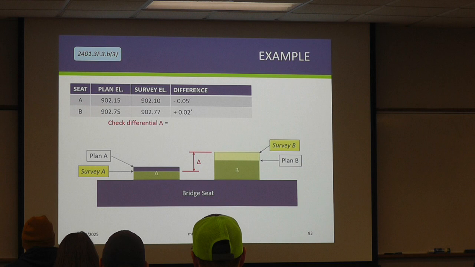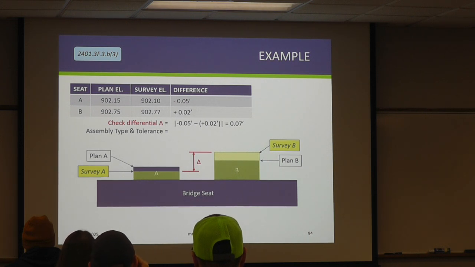Now we've got to go into that differential. So you've already done the math to see how far off of plan they are. And now we need to check the difference between these two differences. Okay, so you're going to take the negative 0.5 minus the 0.2. Come on. 0.7. So that's going to be a little less than an inch.